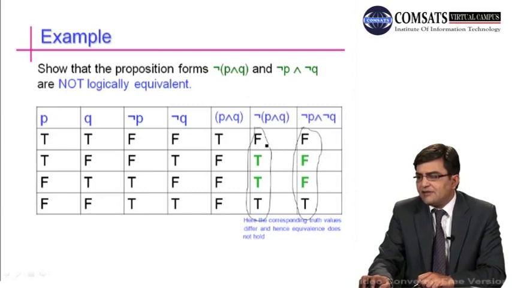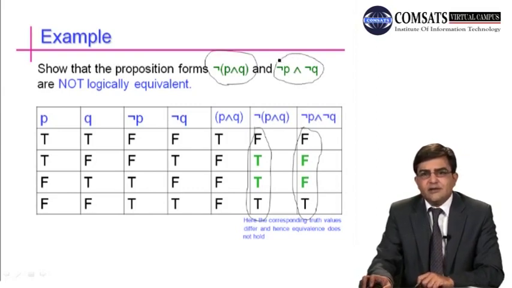In the first row we have the same truth values, but in the second and third rows the truth values are not identical. Therefore, the two compound propositions given here are not logically equivalent.